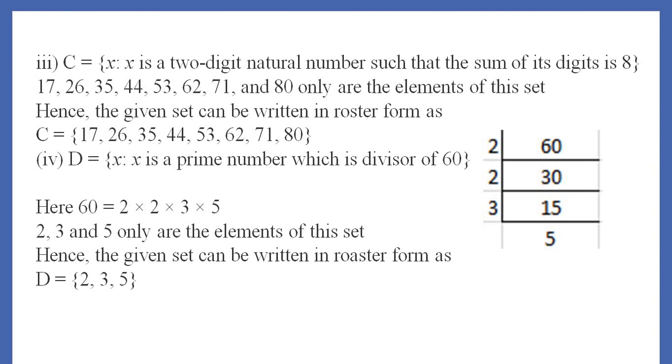Therefore we take the different elements as 2, 3 and 5, and these are the elements of this set. Hence the roster form of this set is the set containing the elements 2, 3, 5. So that is the roster form of this set builder notation.